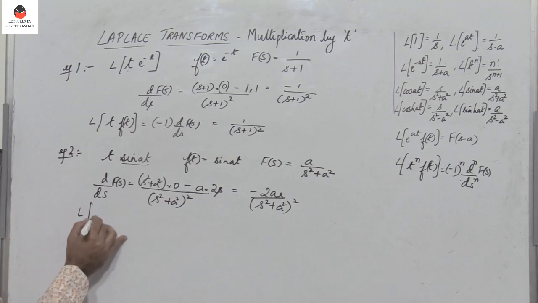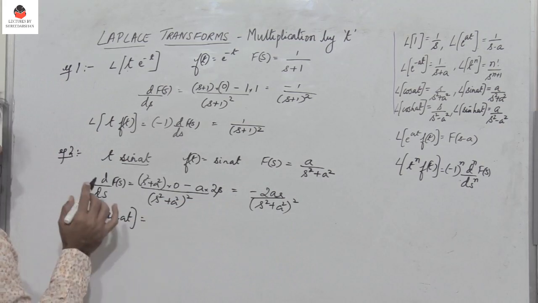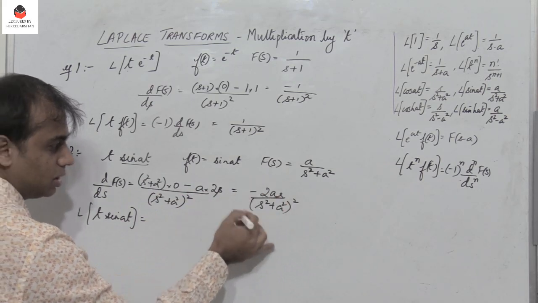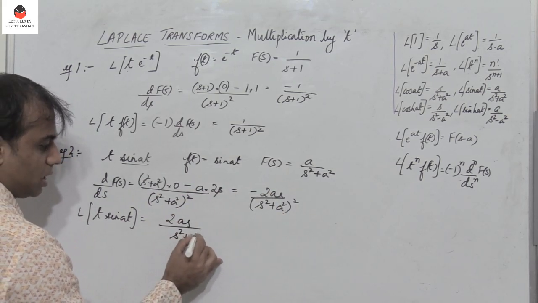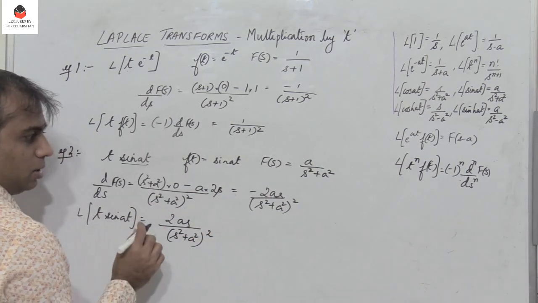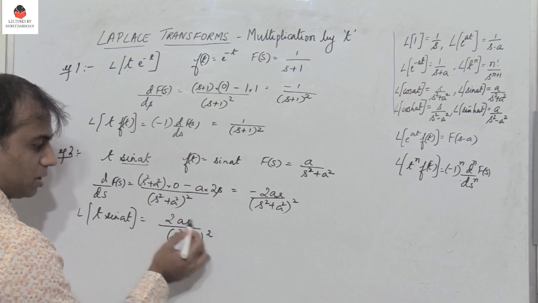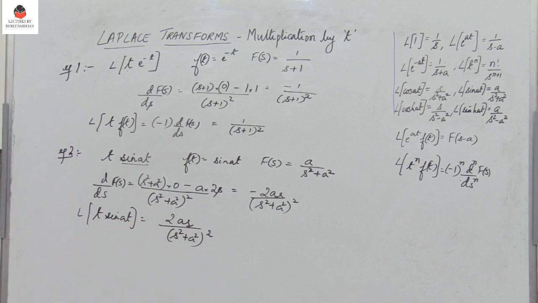So Laplace transform of t sine at equals minus 1 into this entire term. So it becomes 2as divided by s square plus a square the whole square. Right, so this term I am multiplying with minus 1, so the whole term becomes positive. So the answer is 2as divided by s square plus a square the whole square.